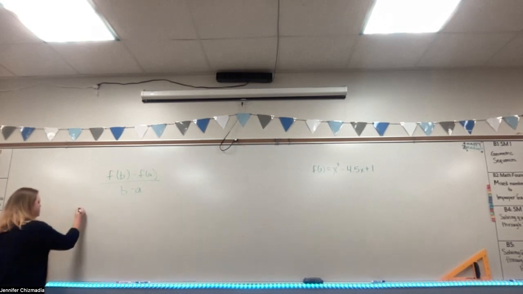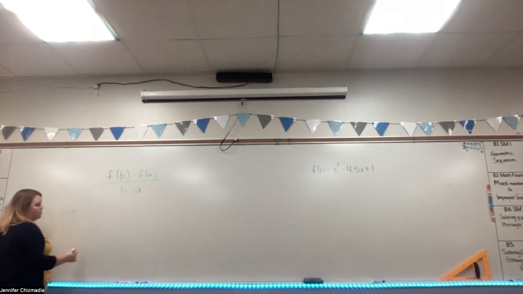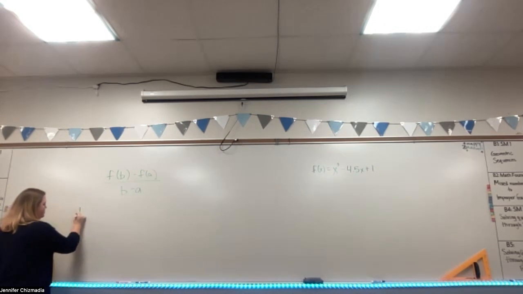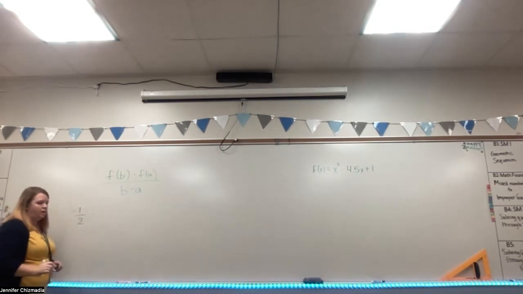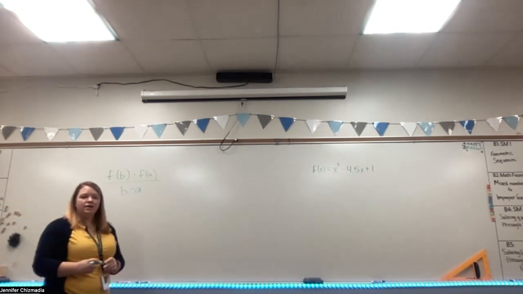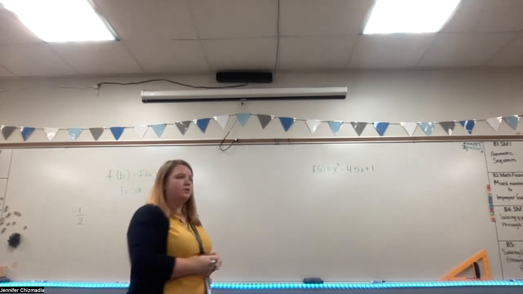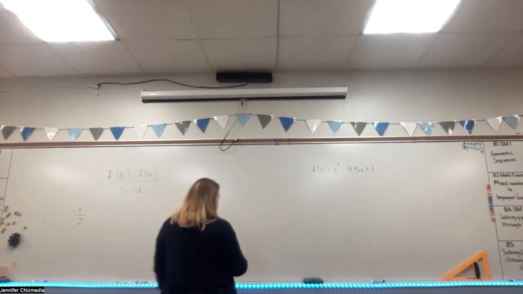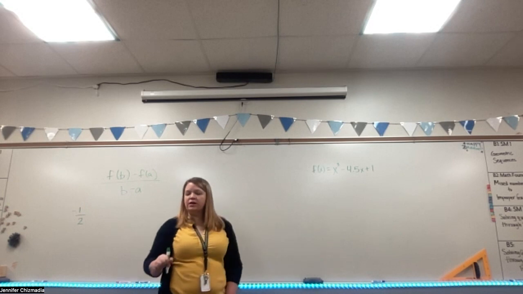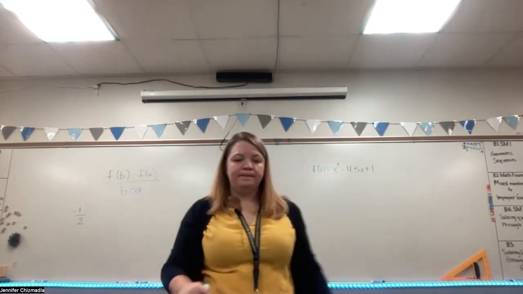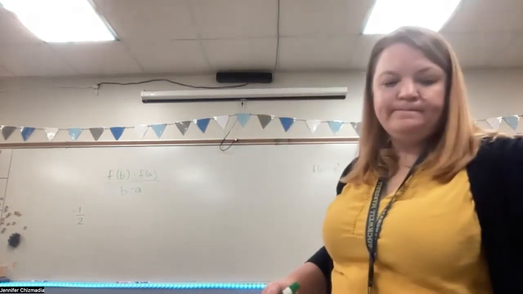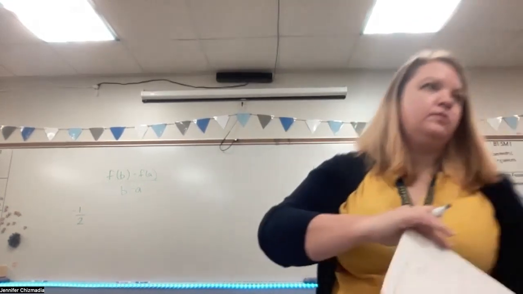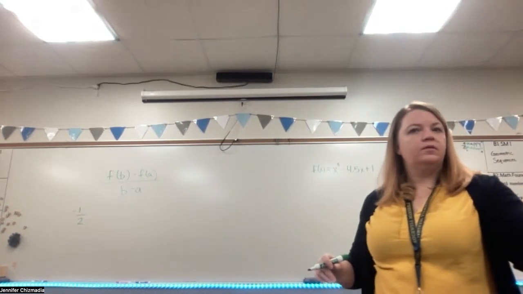Okay, so what is your slope? It is negative, yeah. Okay, so that's what you counted out. Now let's check it using our algebra. So what is the interval that they give you? Negative 2 to 2.